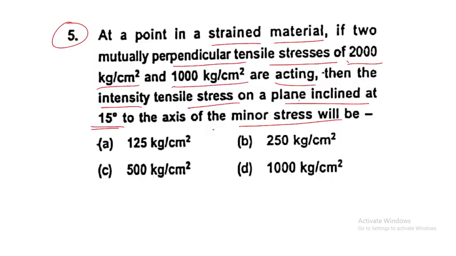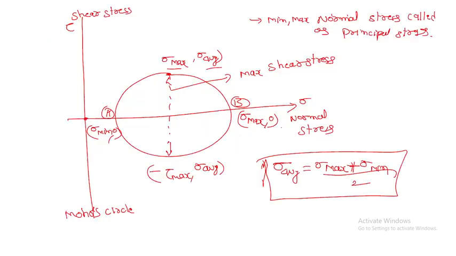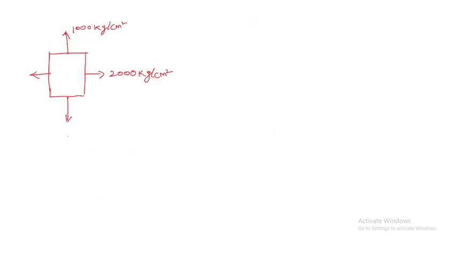But after this, what they are telling is the intensity of the tensile stress on a plane inclined at 15 degrees to the axis of the minor stress. So what is the minor stress here?